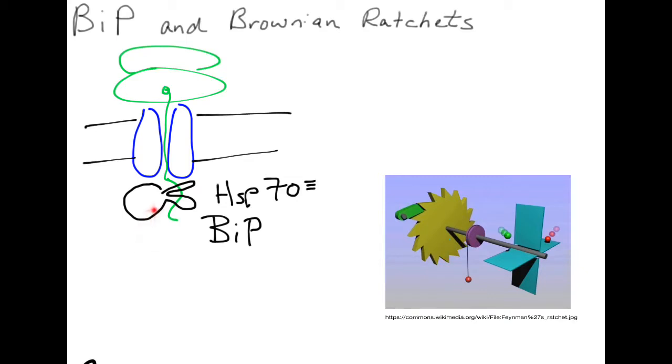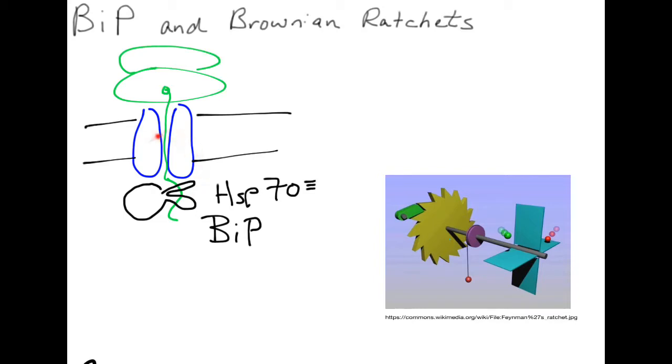So in this case, the energy of this device comes from ATP hydrolysis, binding and hydrolysis, which is causing this beak to close and clamp down on the nascent chain, and that's what's preventing the Brownian motion in this direction. So it's essentially doing what this ratchet is doing in this diagram.